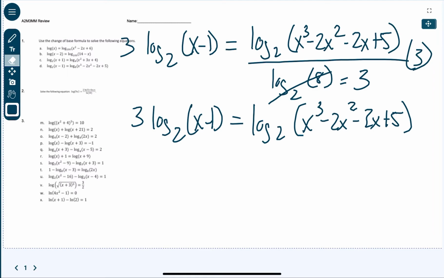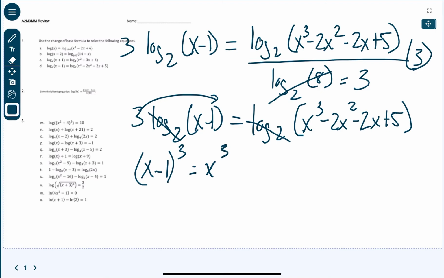That's just some funky looking. Okay. Now move this to the exponent. That gets rid of our logs and leaves us with (x minus 1) cubed equals x cubed minus 2x squared minus 2x plus 5.